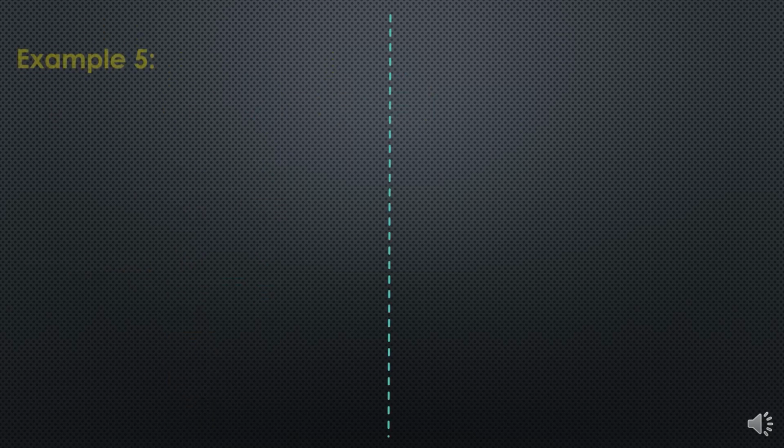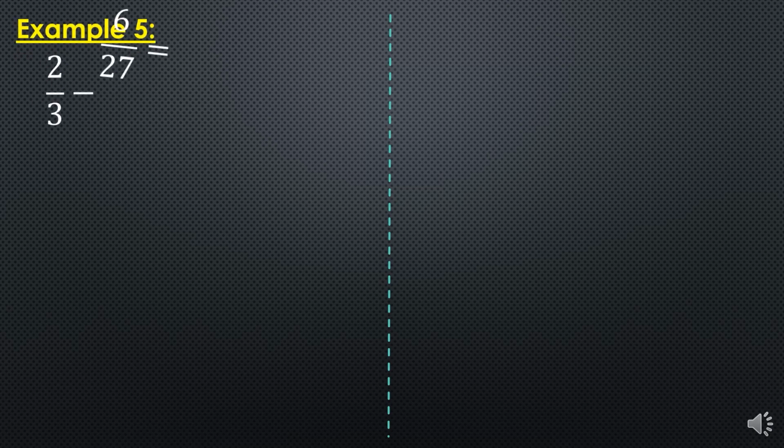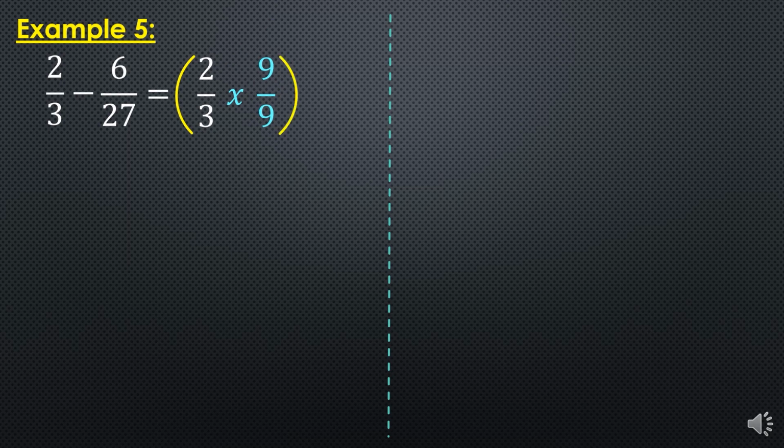Next, example number 5. 2/3 minus 6 over 27. 2/3 times 9 over 9 minus 6 over 27. Let's continue. 2 times 9 equals 18. 3 times 9 equals 27.